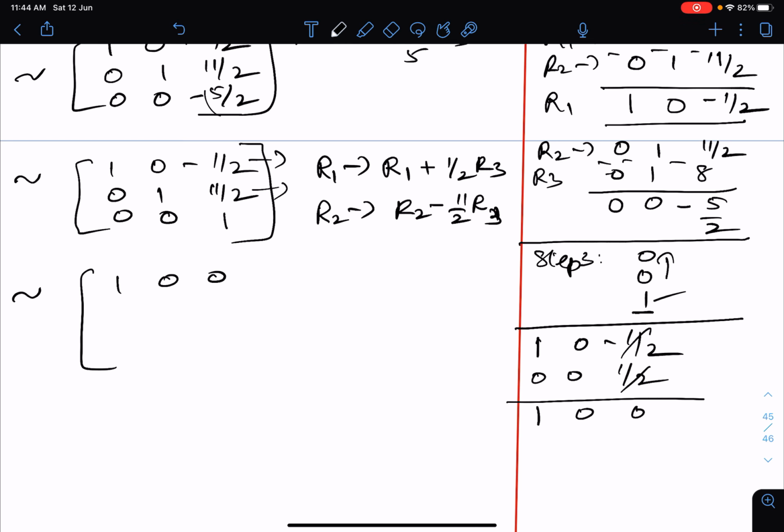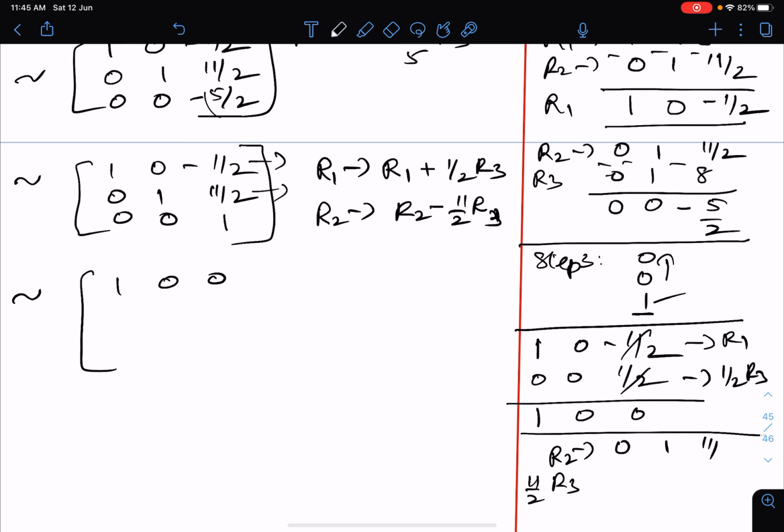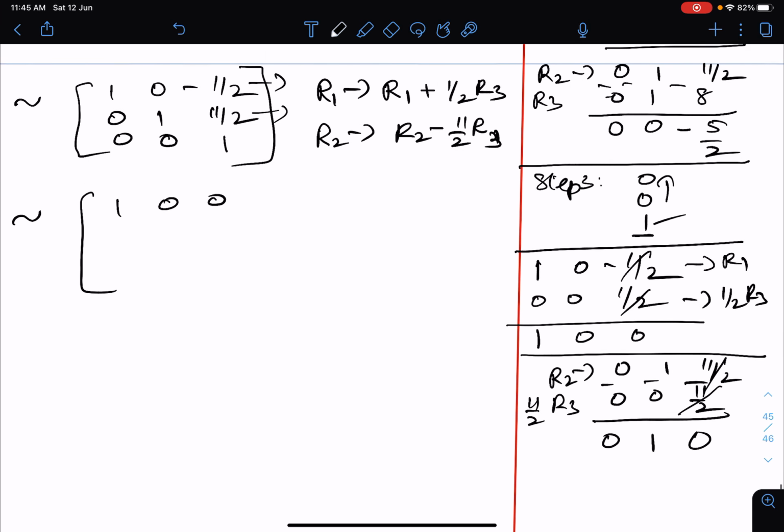With this 1 only you are going to bring this 0. This is R1, this is 1 by 2 R3. Now we are going to go to R2 and then 11 by 2 R3. What is our R2? 0, 1, 11 by 2. What is our R3? 0, 0, 11 by 2. You are going to subtract and you are going to get the answer as 0, 1 and this is going to get cancelled, 0.